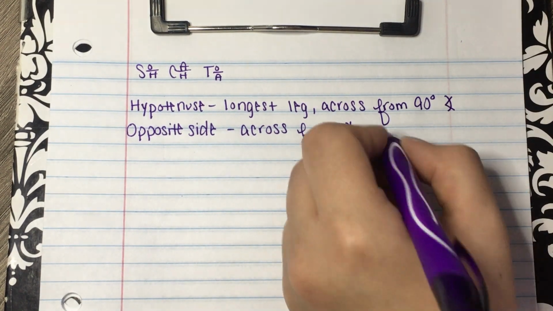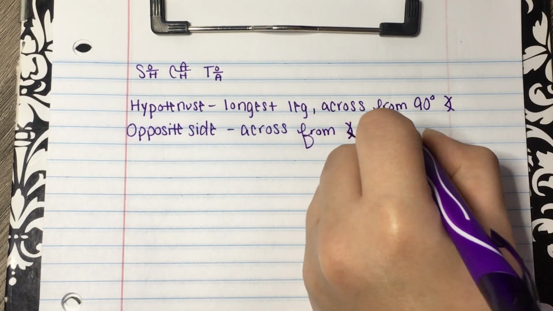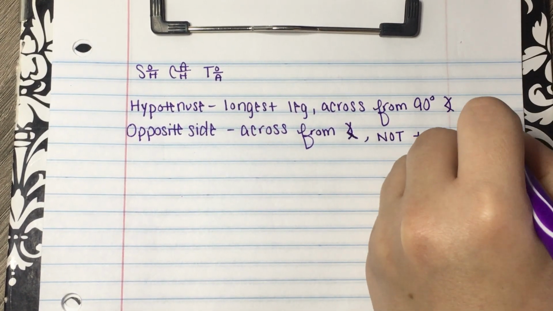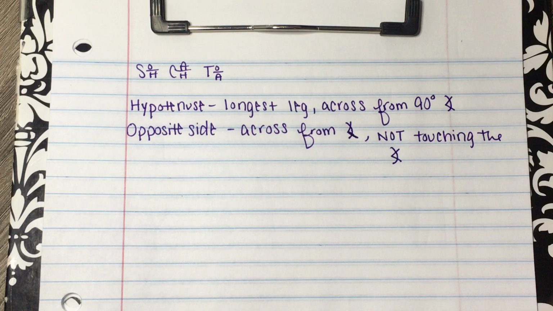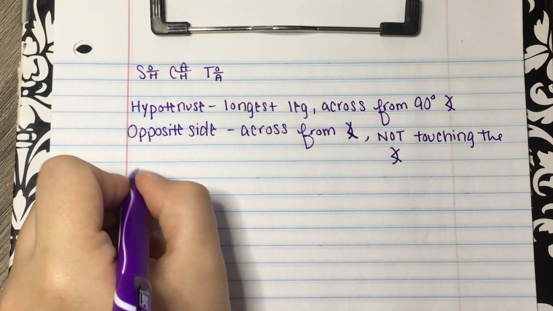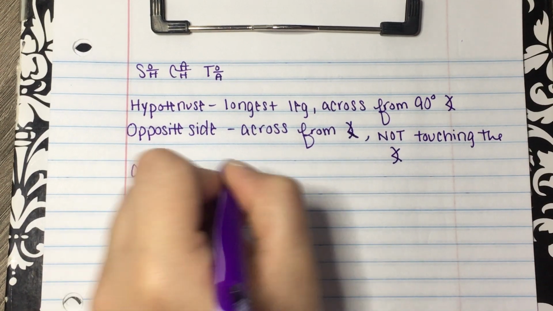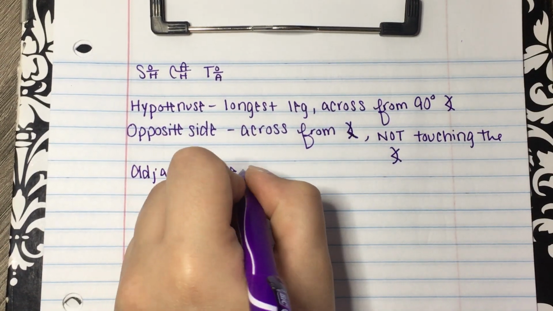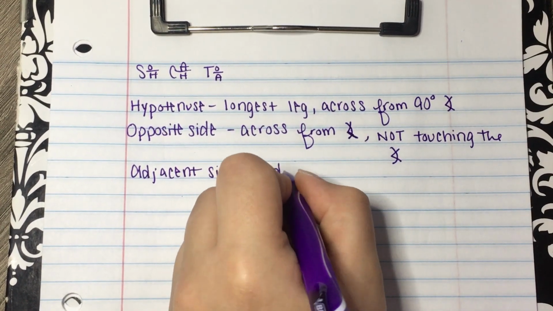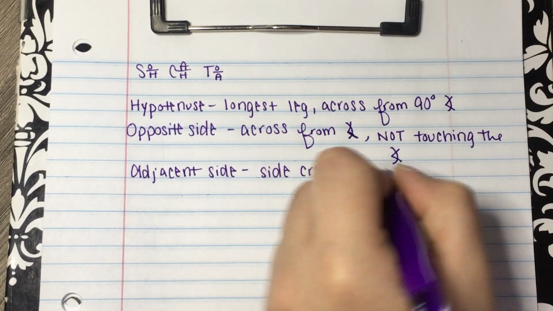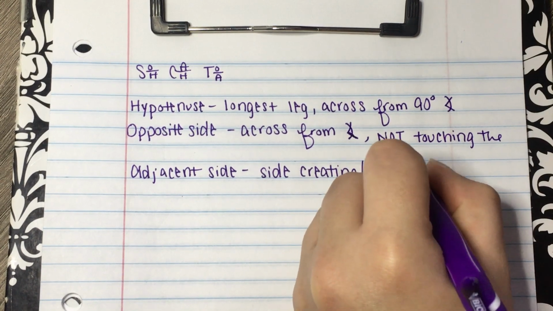So it's going to be across from an angle, and it's going to be not touching the angle that you're working with. And then our adjacent side will be the side that creates, or you can think of it as the side touching the angle.